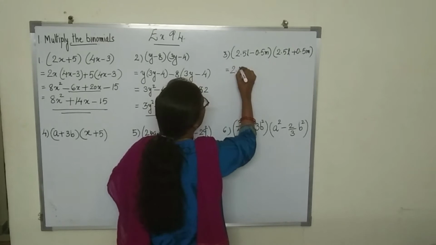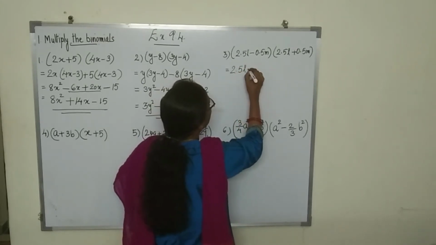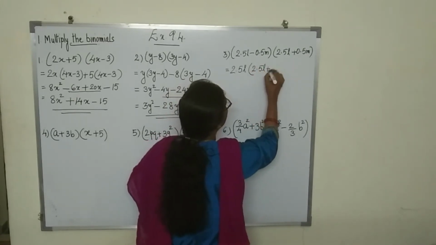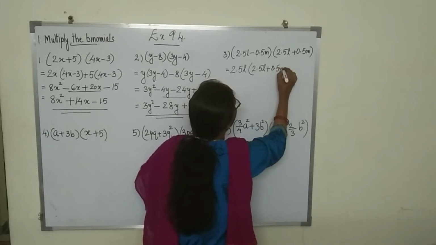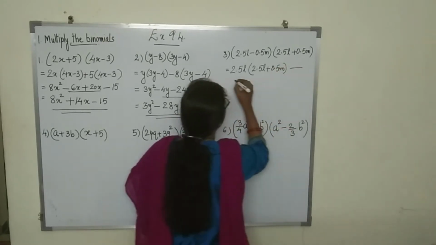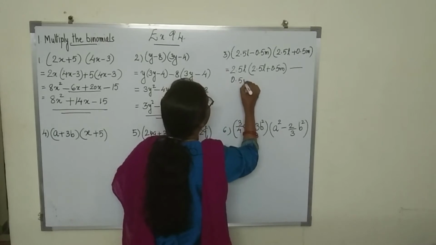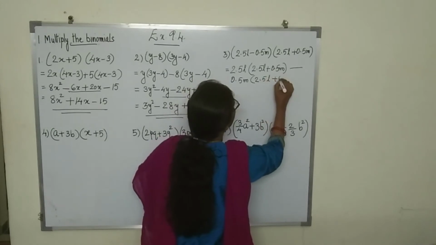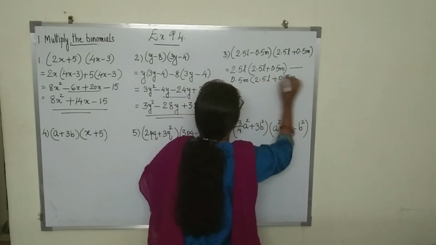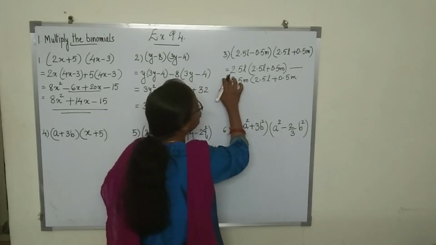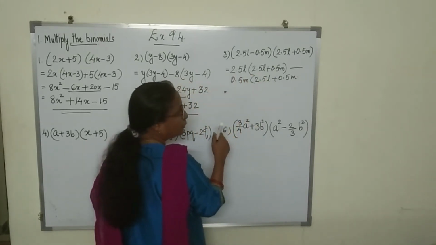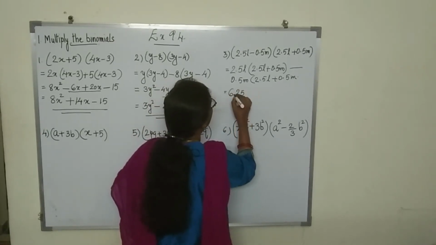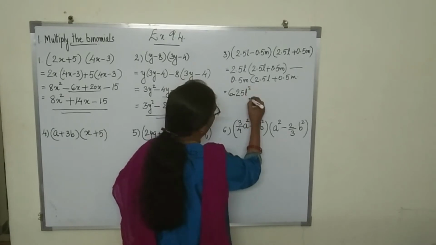So first 2.5L into 2.5L plus 0.5M, minus 0.5M into 2.5L plus 0.5M. So when we multiply 2.5 into 2.5, 25 25s are 625, so you will get 6.25 L square.